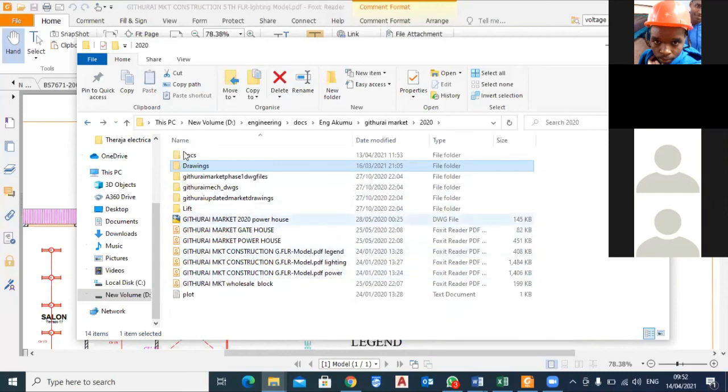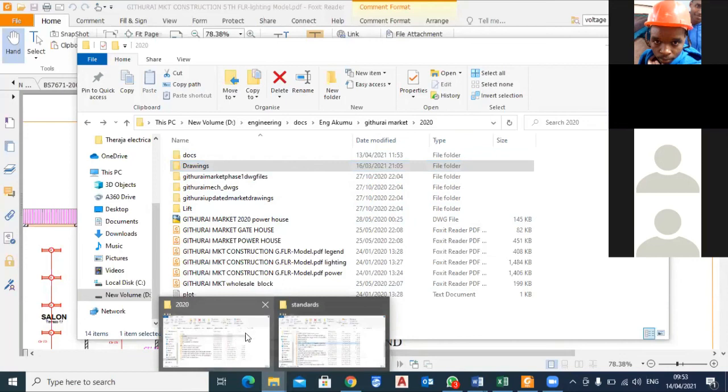Ulikuwa unasemaje Jonte? So nilikuwa nauliza the wiring sasa ya from the distribution board to the consumer units. How do you do the circuiting ya distribution board to the consumer units? Una specify aje? Like unasema a certain cable iende kwa a certain consumer unit.